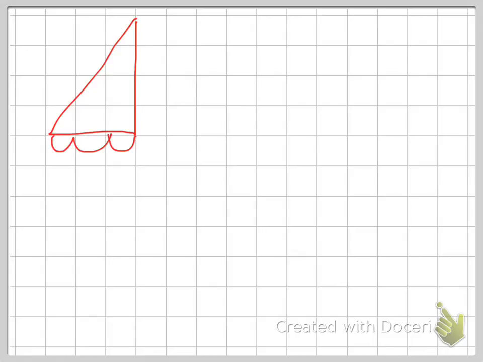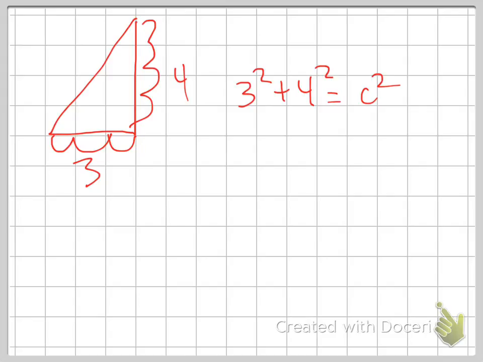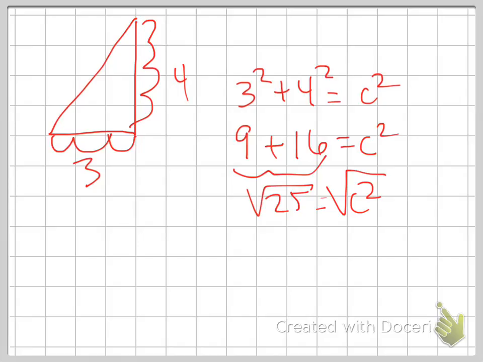If I use my lines on my grid, I could use 3 and 4 as my a and b. 3 squared is 3 times 3, which is 9. 4 squared is 4 times 4, which is 16. Again, we just add them. That would be 25. Undo the squaring by square rooting, and we get c equals 5.